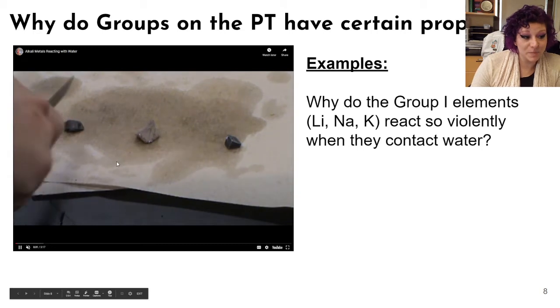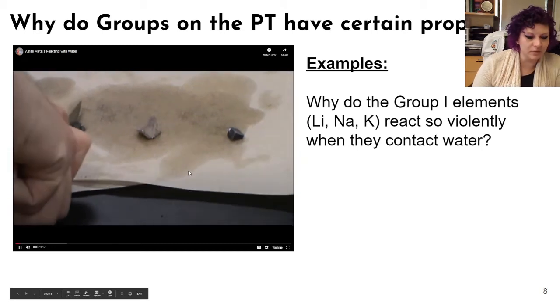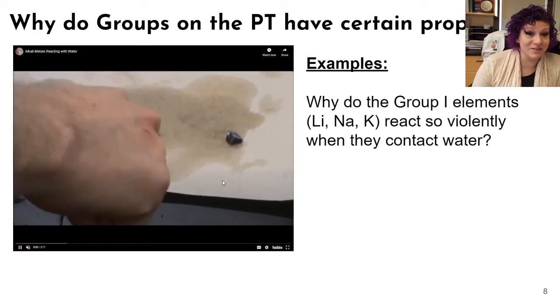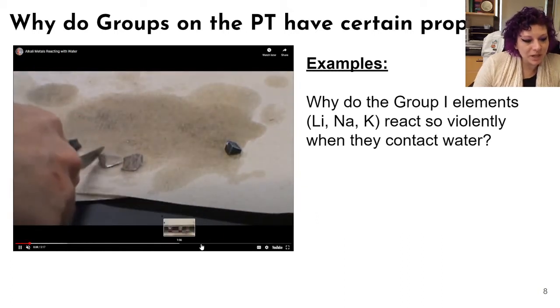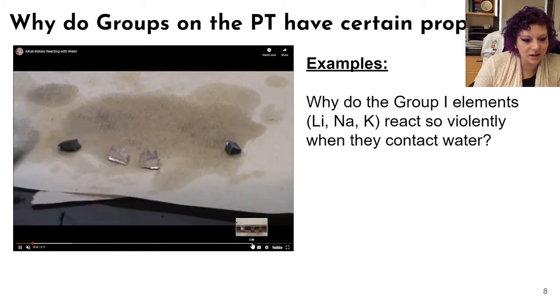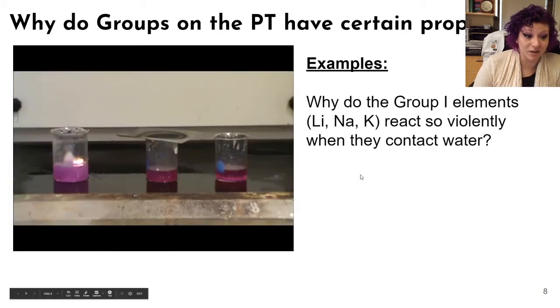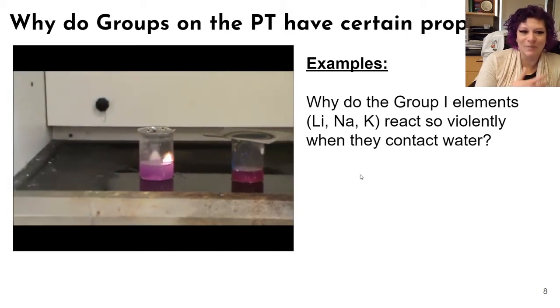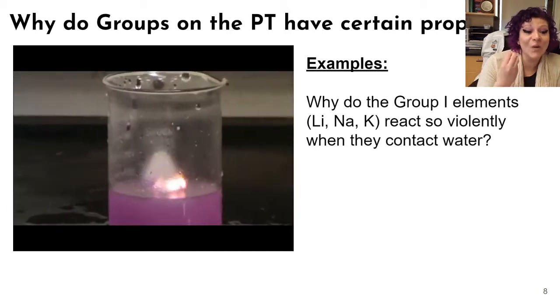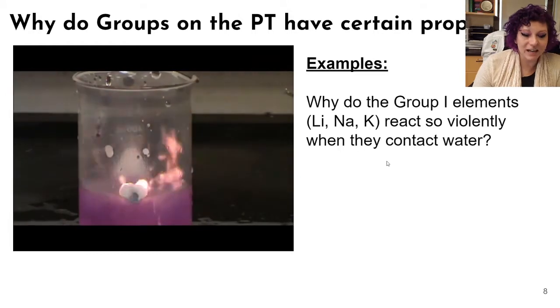If you remember, they are pretty soft, silvery metals. You can actually just cut it with a knife, which is crazy. But then when they come into contact with water, just plain old water, why do they combust? Why do they react so violently? That's what periodic trends can explain.